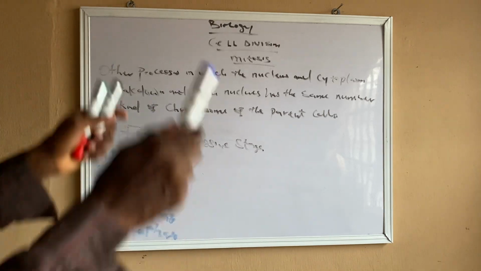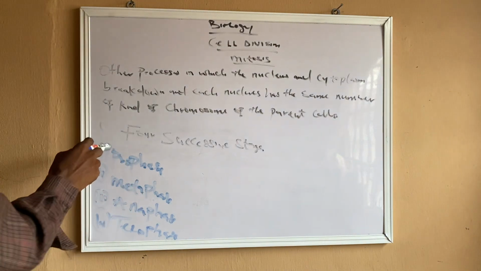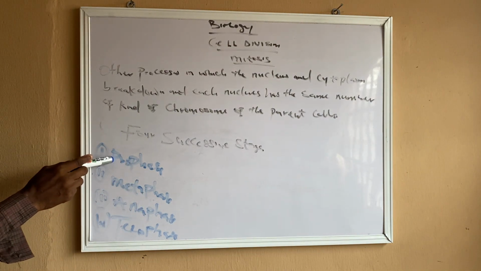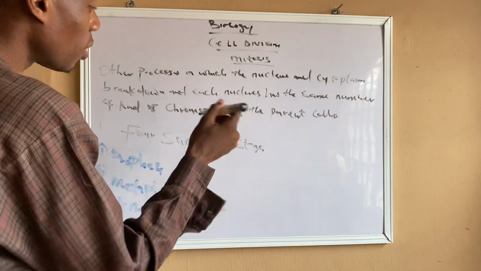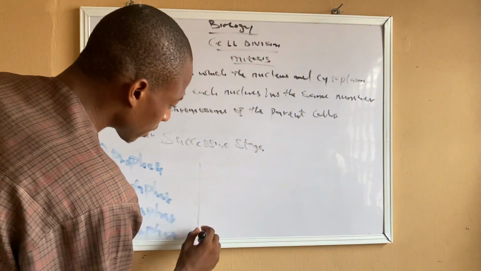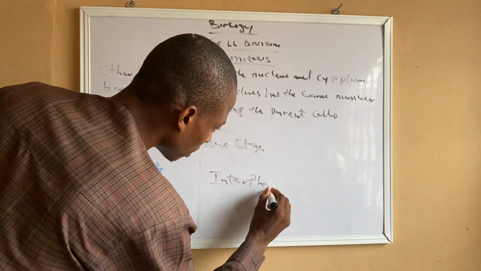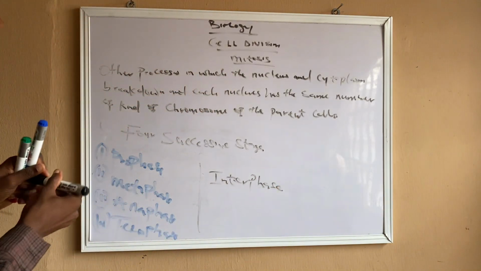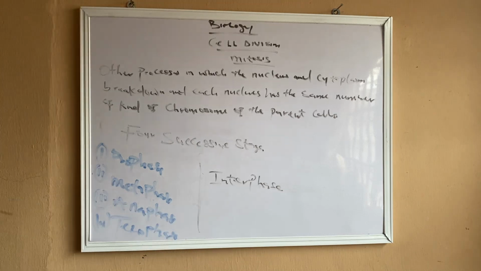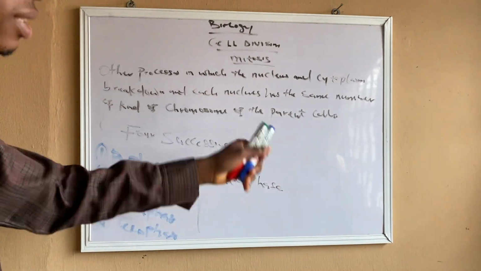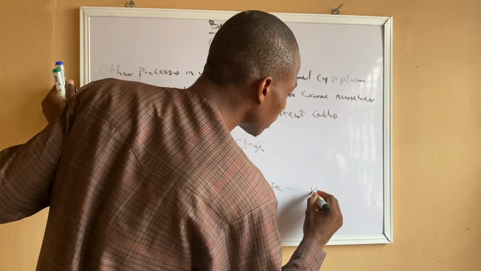But one thing that is quite different from meiosis is that at the completion of prophase to telophase, mitosis has what is called the interphase. It is not included in meiosis, but mitosis has interphase. What is this interphase? The interphase is the resting stage.